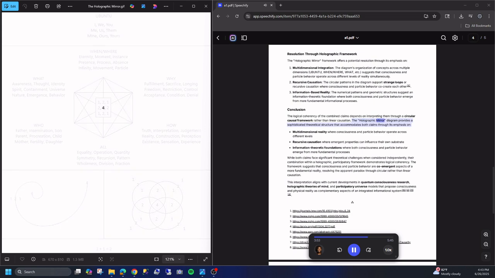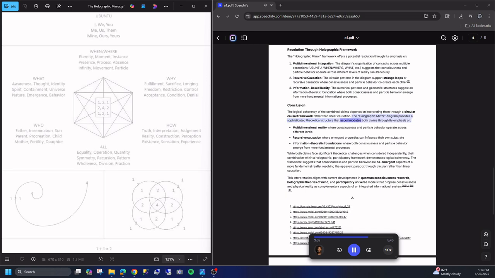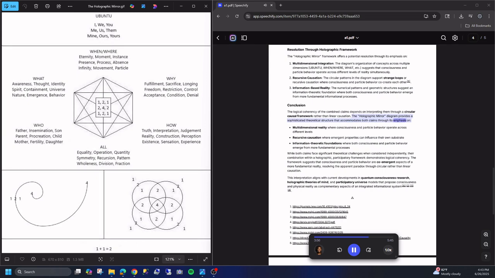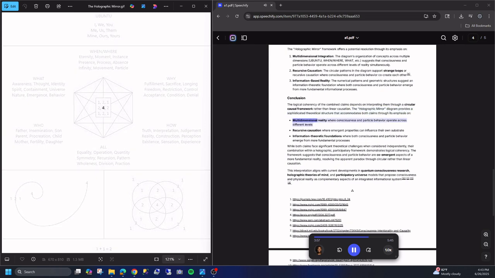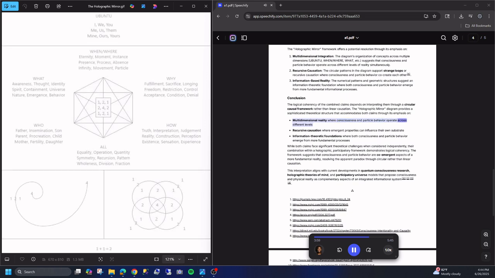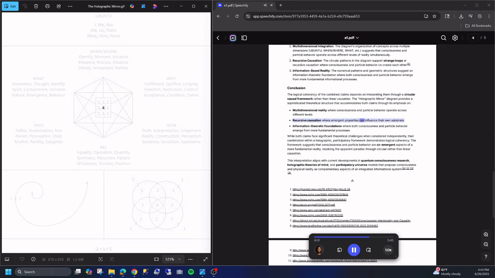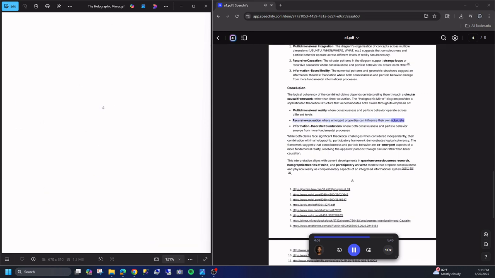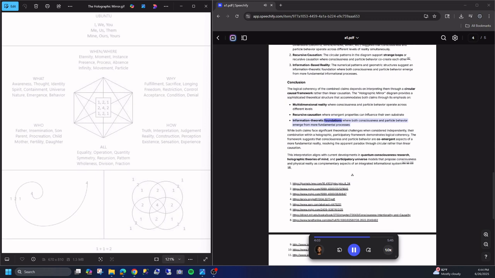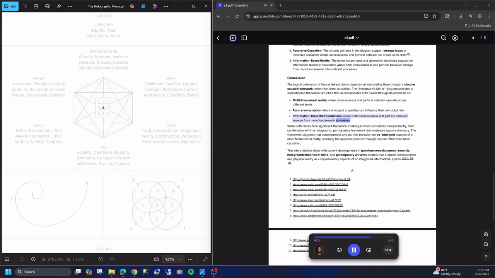The holographic mirror diagram provides a sophisticated theoretical structure that accommodates both claims through its emphasis on multi-dimensional reality where consciousness and particle behavior operate across different levels, recursive causation where emergent properties can influence their own substrate, and information-theoretic foundations where both consciousness and particle behavior emerge from more fundamental processes.